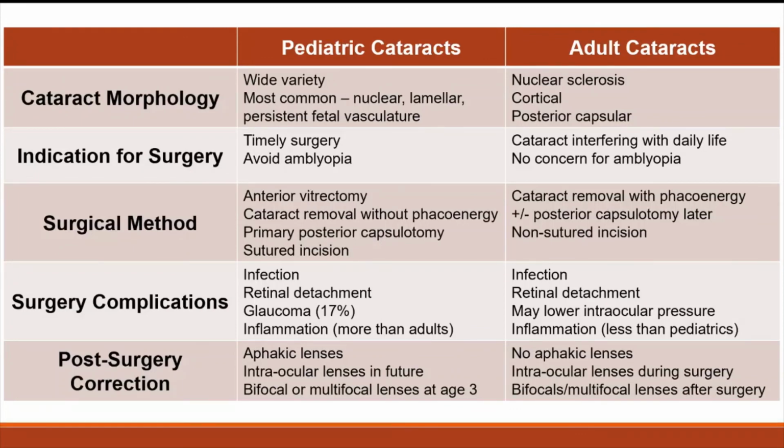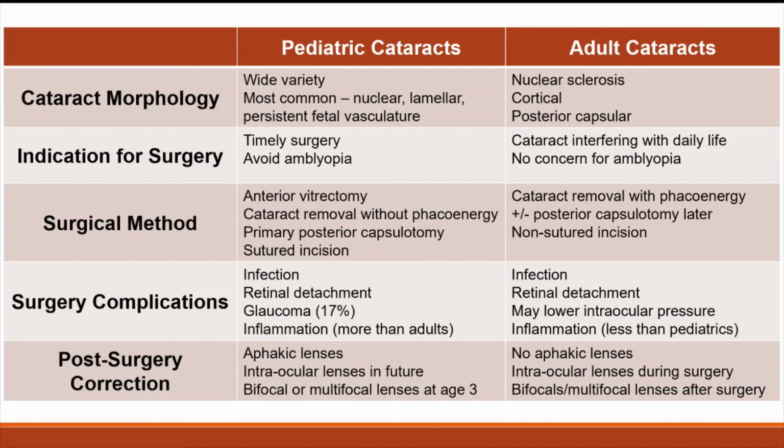Pediatric cataracts and adult or age-related cataracts have similarities and differences. In regards to morphology, as we discussed previously, there is a wide variety of different pediatric cataract morphologies depending on their etiology. In adults, there are 3 primary types of cataract that are age-related. Pediatric cataracts should be surgically treated quickly to avoid amblyopia.